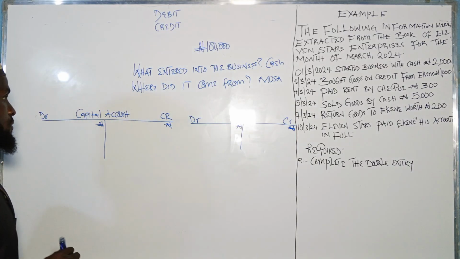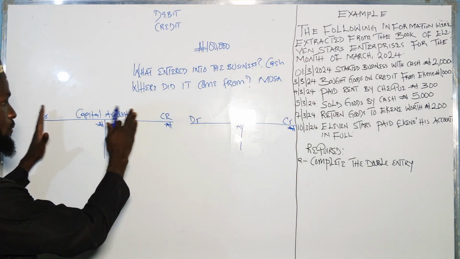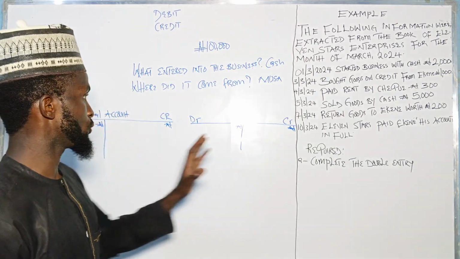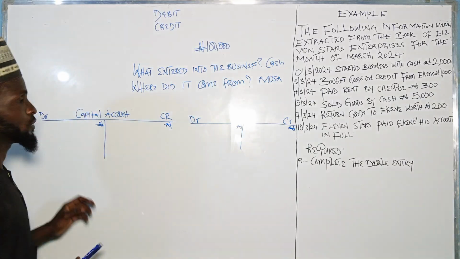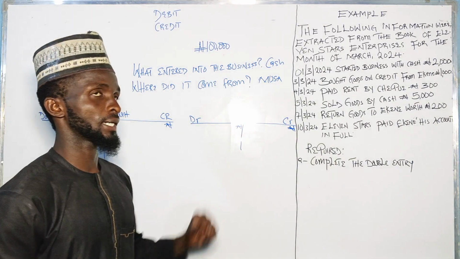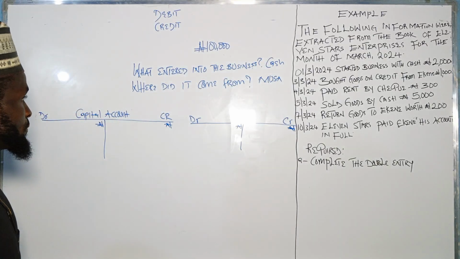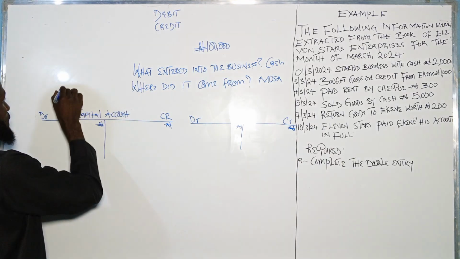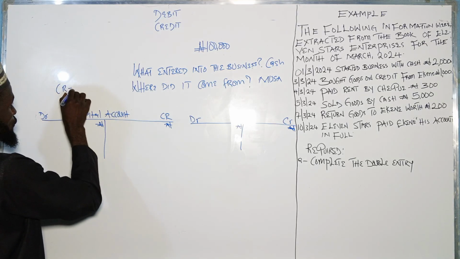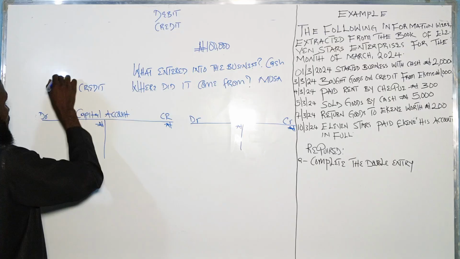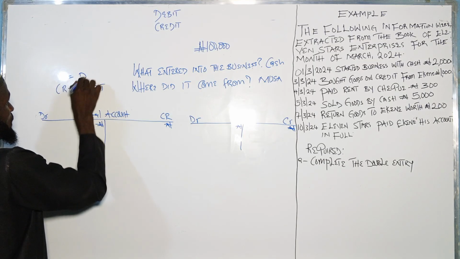Here are two accounts. This is what you call an account, a page of a ledger. So here are two accounts, capital account and cash account. Here is what we call credit. The CR here stands for credit. DR here stands for debit.